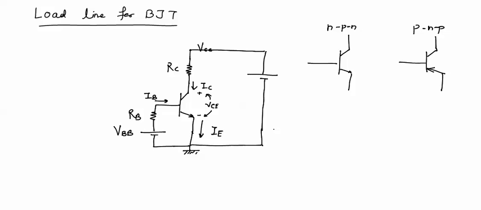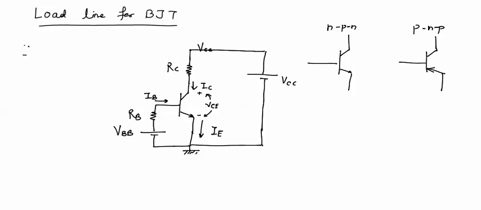Now in this circuit, this battery VCC and VBB, resistance RC and RB, are the components used to bias the transistor. Biasing means to make the transistor operate either in active or saturation or in cutoff. So these four components will be used to bias the transistor.